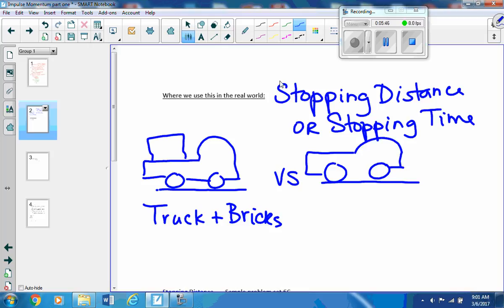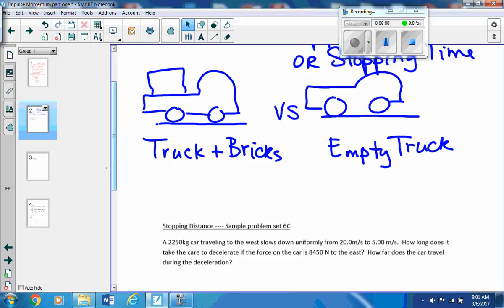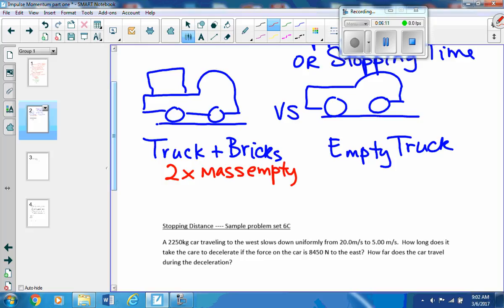Looks similar enough. Just for simplicity's sake today, the truck with the bricks is 2 times the mass of the empty truck. And both of these are traveling at 48 kilometers per hour forward.